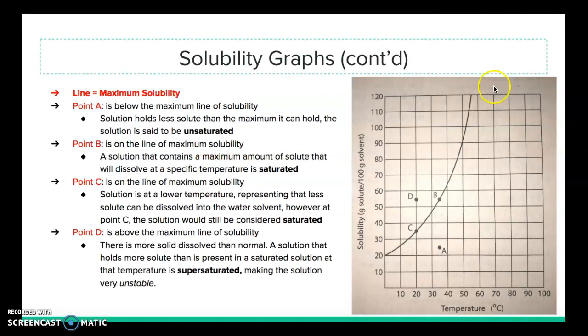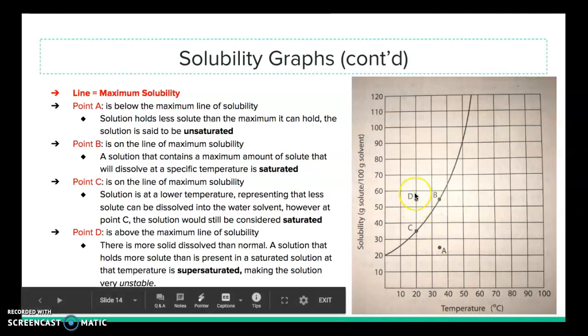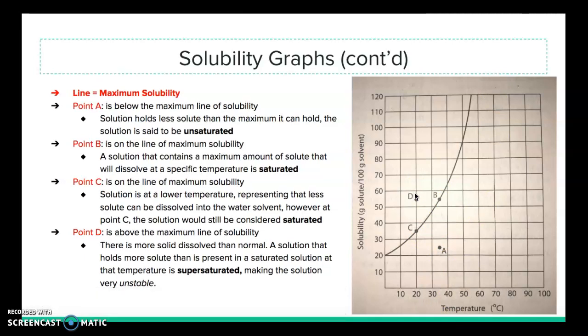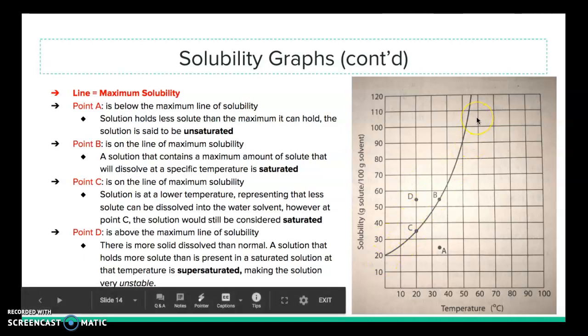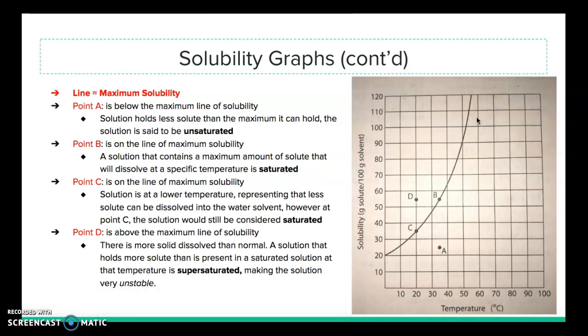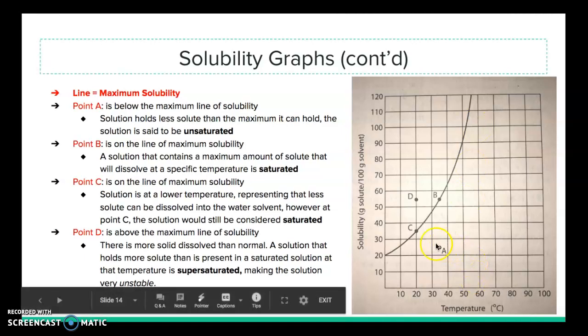For an example, we have points A, B, C, and D here on one of the lines. The line tells us the maximum solubility, and then we look at each point and what that means. Point A is approximately 35 degrees Celsius and about 25 grams of our solute.